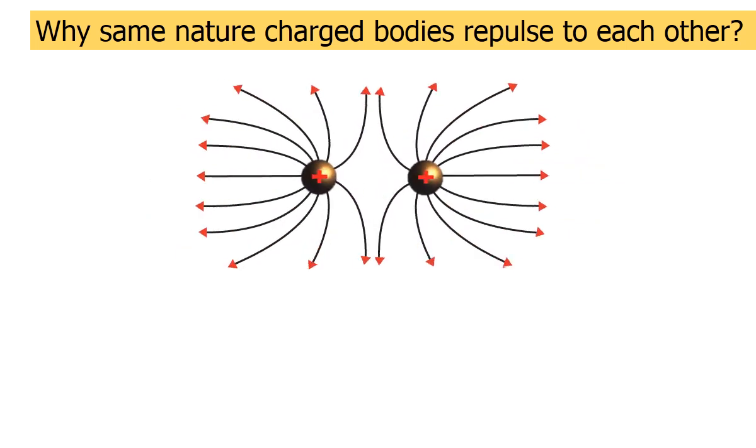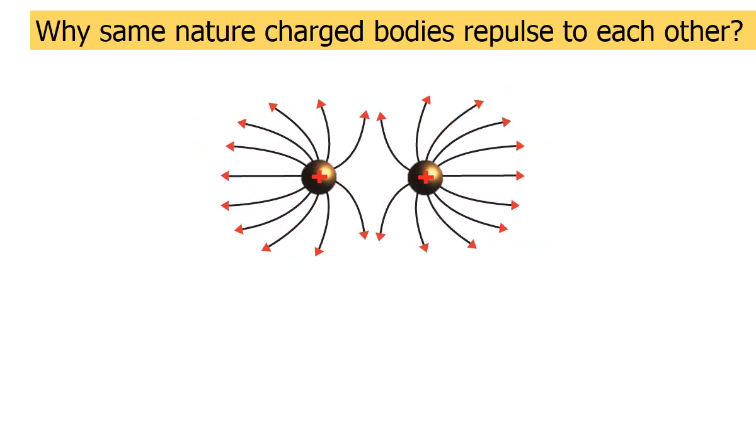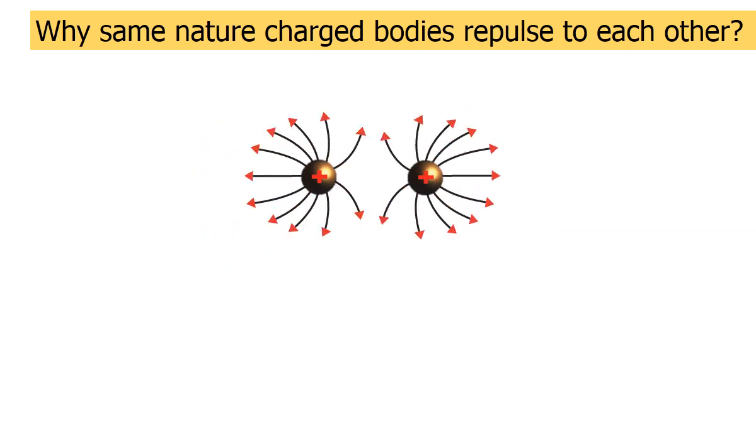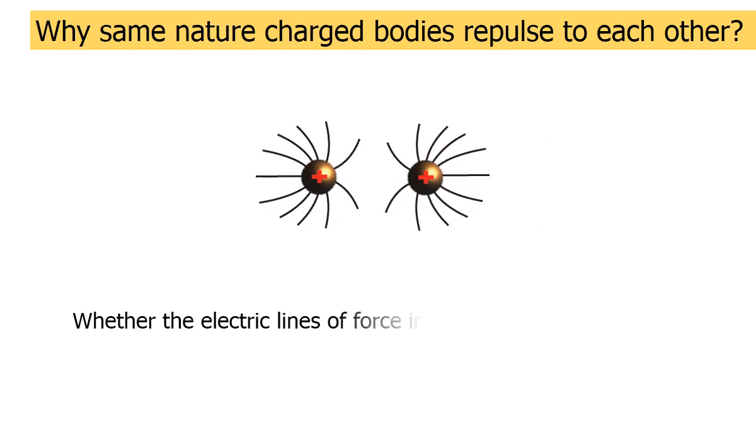And when we bring those two charges very close, then we can see here the electric line of force does not intersect each other. In that case, the two similar nature charges will repel each other, because the electric line of force does not intersect each other.